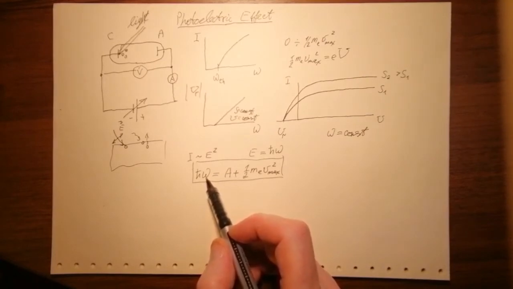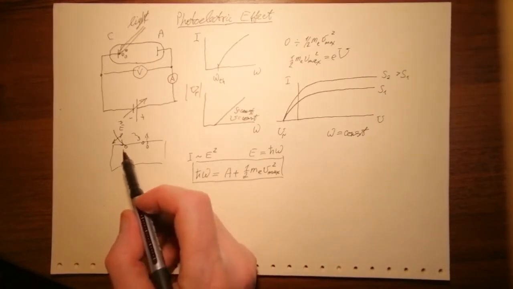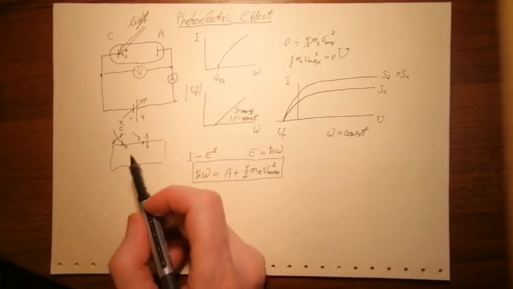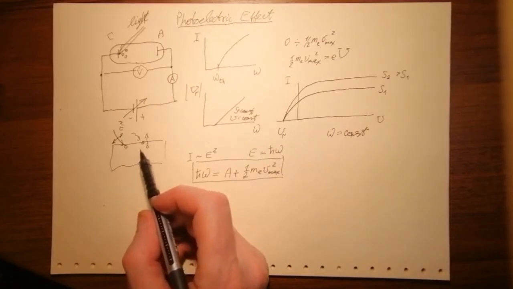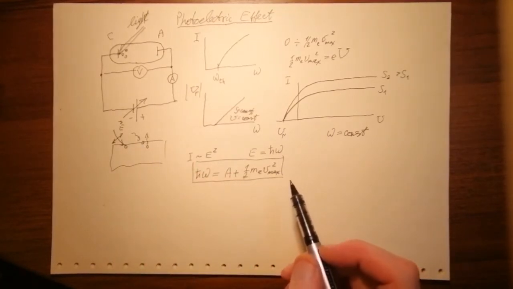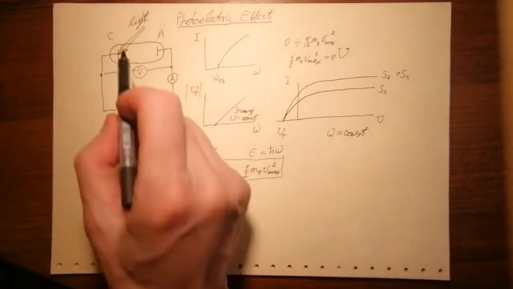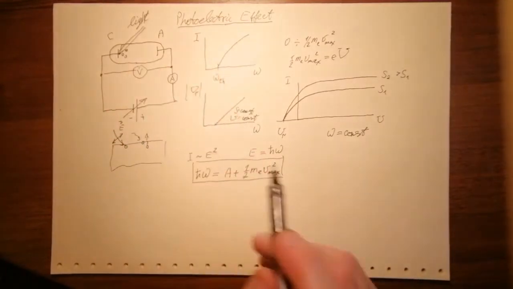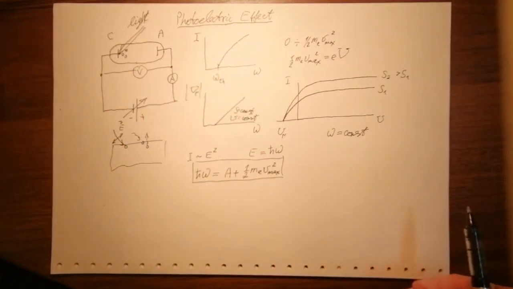The greater intensity means that the number of photons which reach the surface in a unit time is greater, so a greater number of electrons is knocked out from the surface, and the number of electrons which cross this distance in unit time is current.